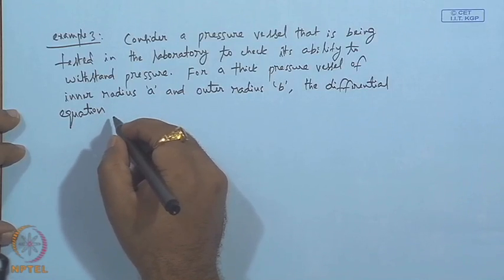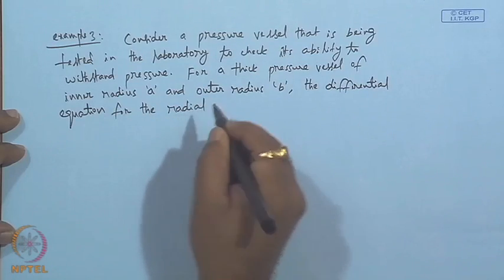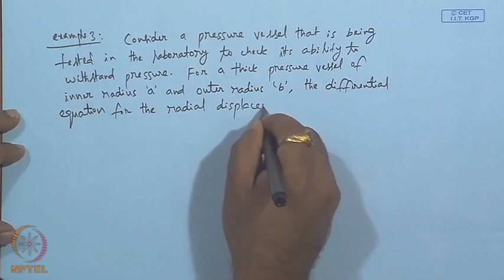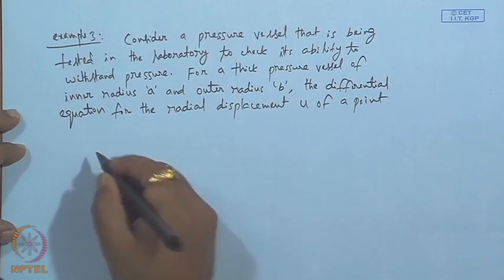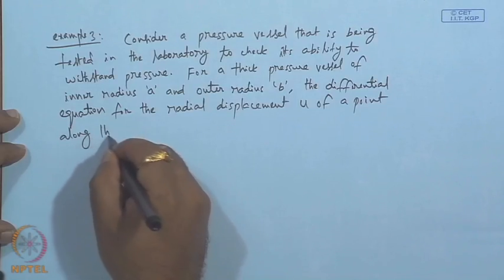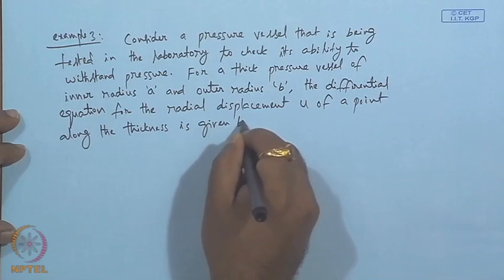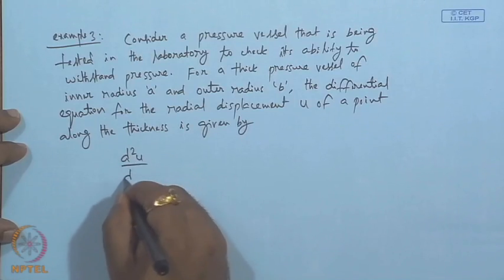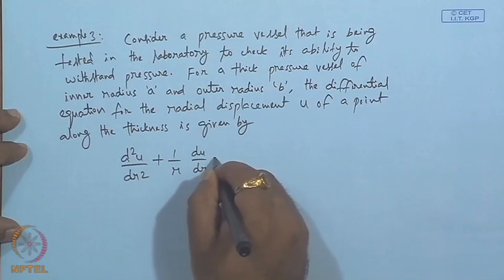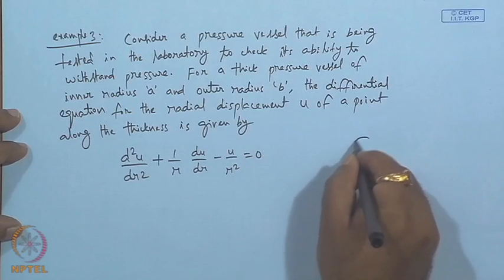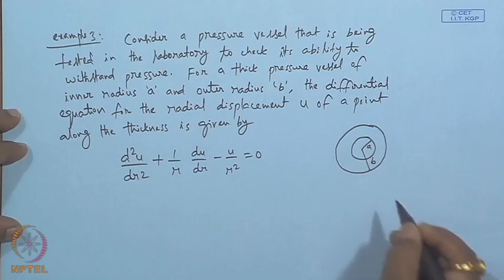So, the differential equation for the radial displacement u of a point along the thickness is given by this.